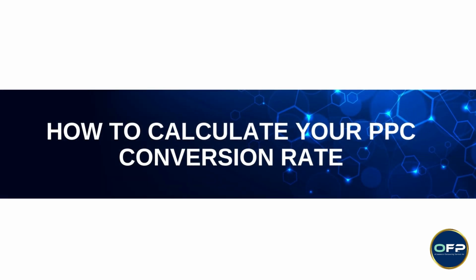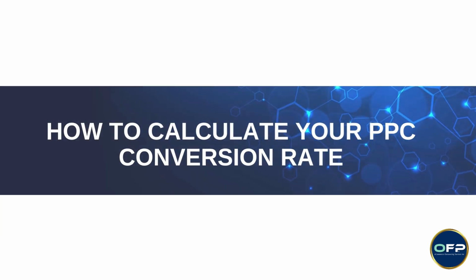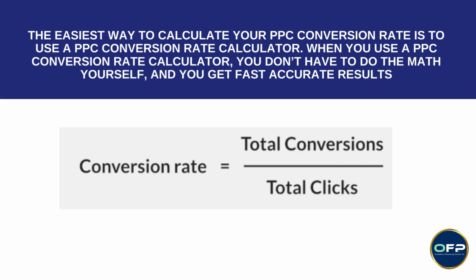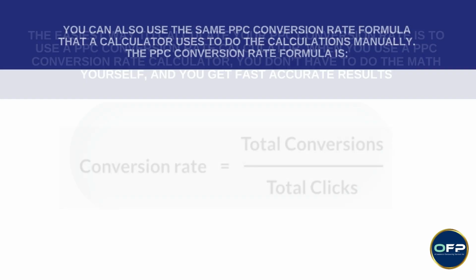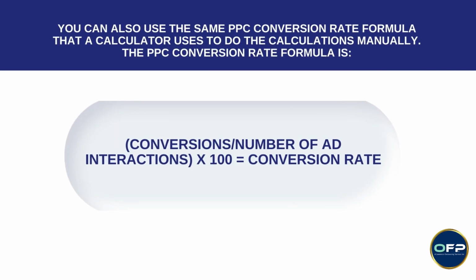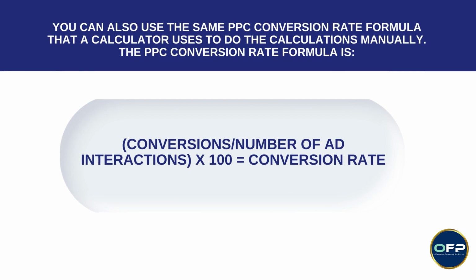How to calculate your PPC conversion rate? The easiest way to calculate your PPC conversion rate is to use a PPC conversion rate calculator. When you use a PPC conversion rate calculator, you don't have to do the math yourself, and you get fast, accurate results. You can also use the same PPC conversion rate formula that a calculator uses to do the calculations manually.